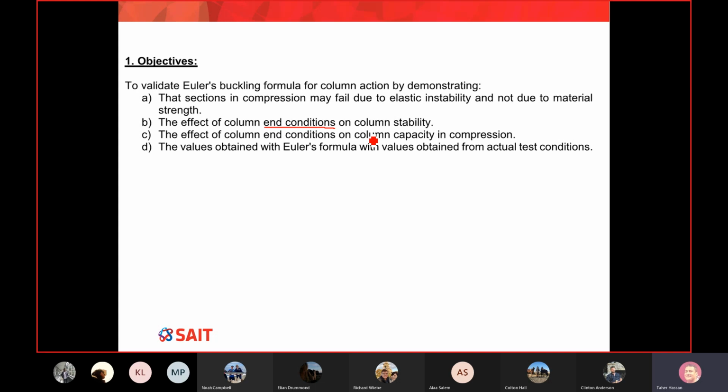And then finally there is something called the Euler formula. Anyone knows who Euler is? Anyone knows who Euler is, just like anyone knows who Einstein or Newton is?